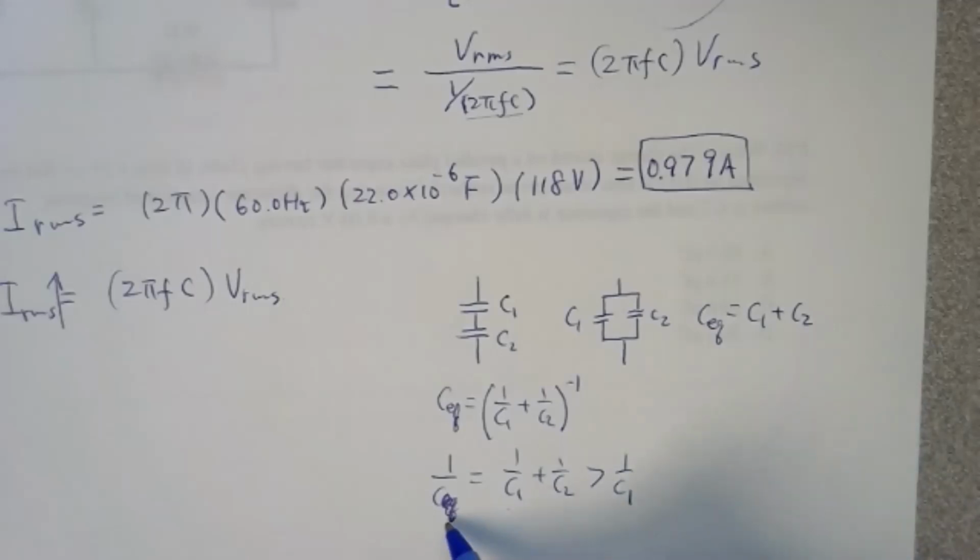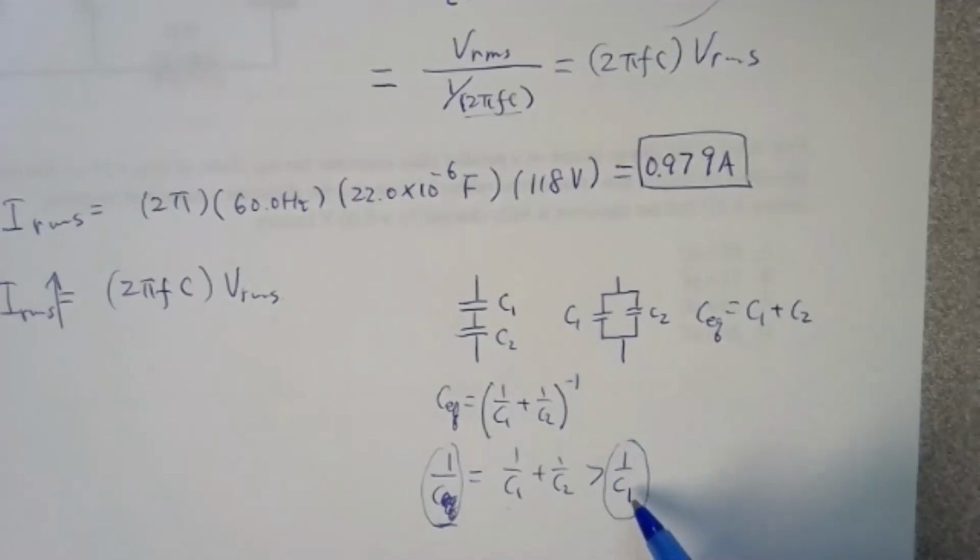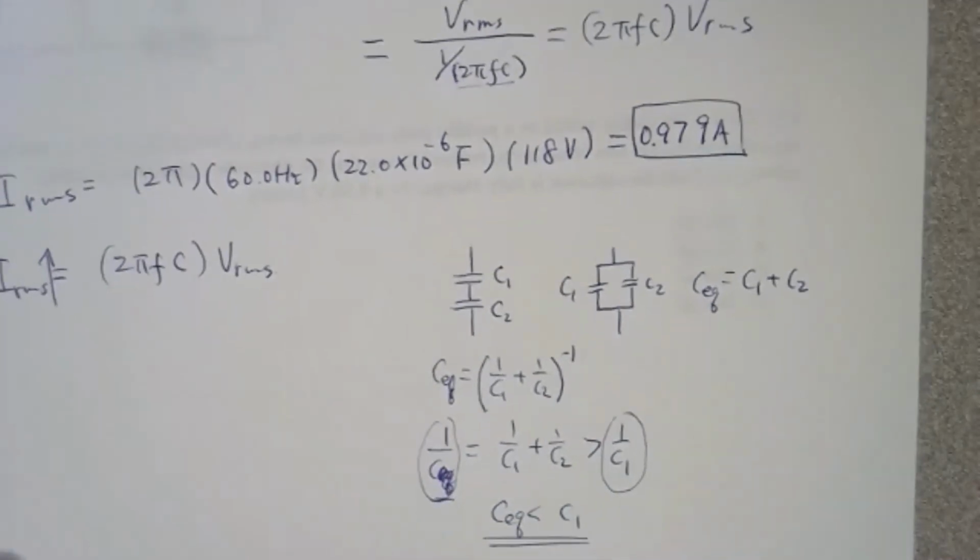So 1 over CEQ is greater than 1 over C1, which means CEQ is less than C1. That's the logic there.